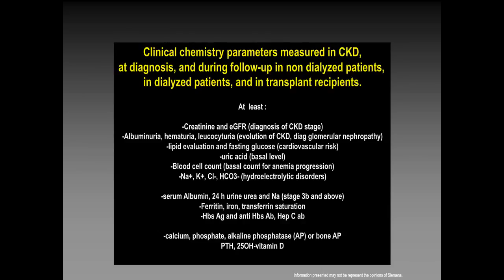And clearly, frequent requirements for measurements of BUN, creatinine, and the other electrolytes. We also have a need for measurements of serum albumin and 24-hour urine, either urea or sodium. There's a necessity for iron panels, and of course the antigens and antibodies for hepatitis B and C.